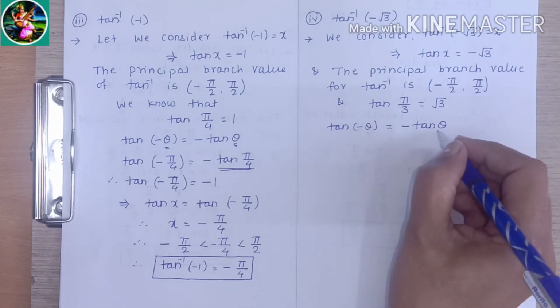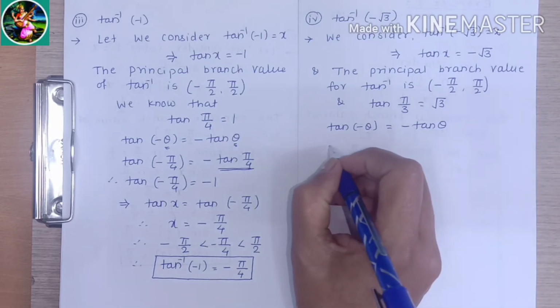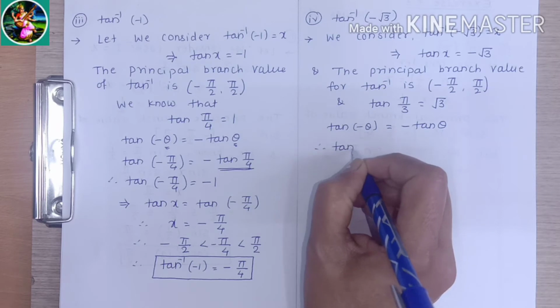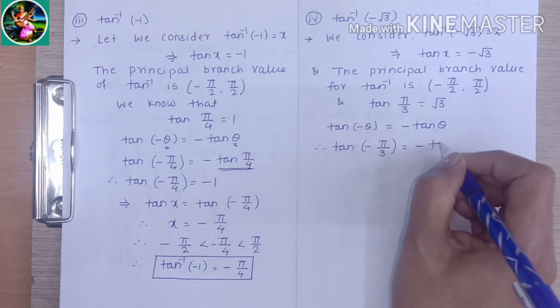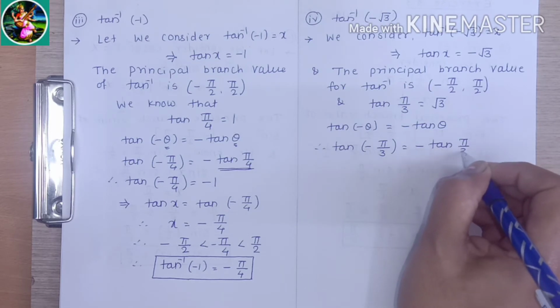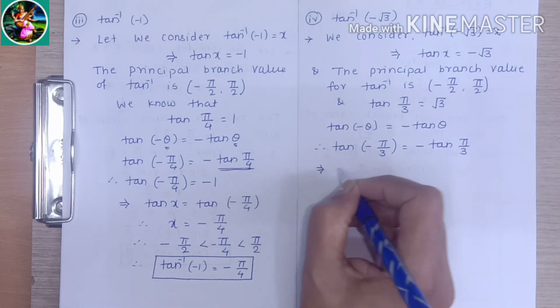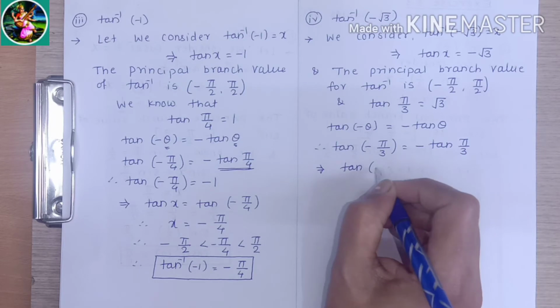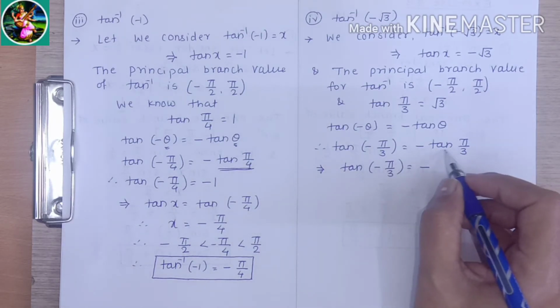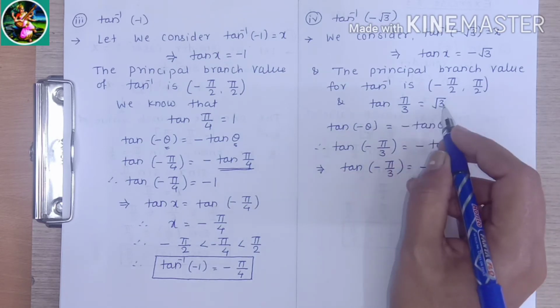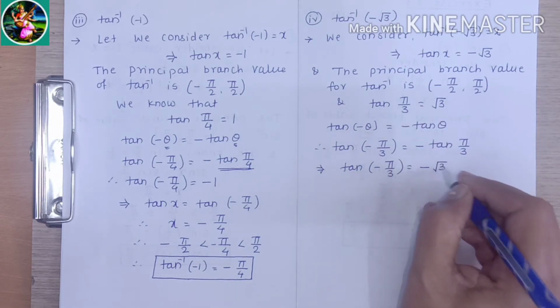Here again we replace this theta by pi by 3. Therefore, tan of minus pi by 3 is equal to minus of tan pi by 3. It implies that tan of minus pi by 3 is equal to minus of, here we substitute the value for tan of pi by 3, that is root 3.